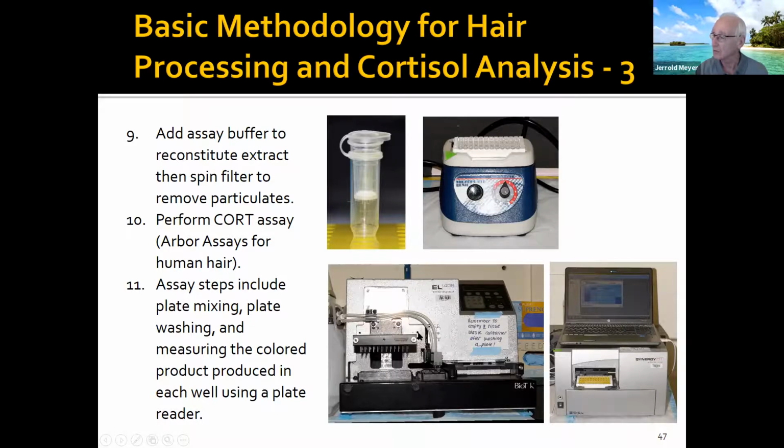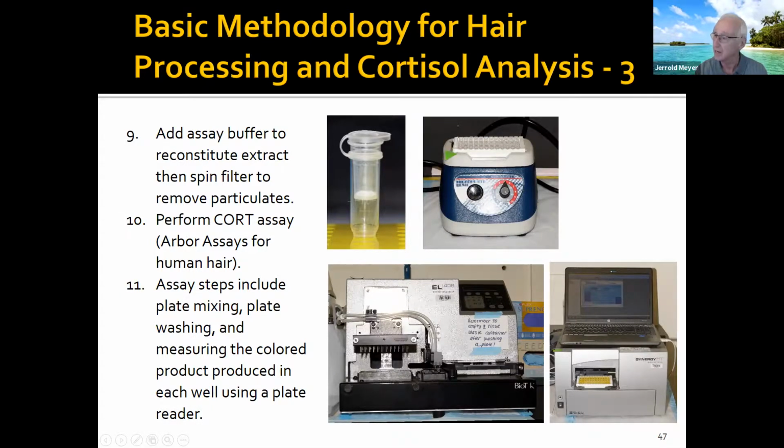I'm not going to go through the whole assay here, but suffice to say that there are a number of steps in the assay, including mixing a plate. We actually have a new and better plate mixer than the one I show here. Plate washing, this is an automated plate washer. And then the colored product is measured, it's produced in 96 well microplates.